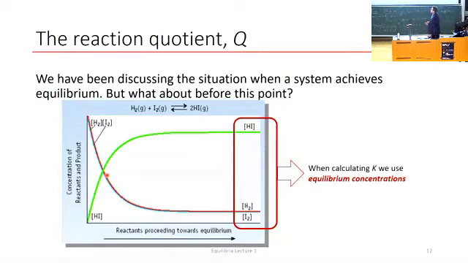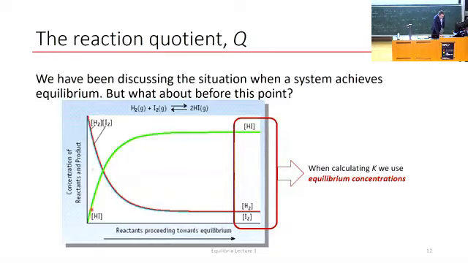More important for you guys is not when things level off, so not down here when we've achieved equilibrium, but what happens beforehand. Because in biological systems, it's all about what parameters have changed or what conditions are pushing towards a particular equilibrium. So very often we don't want to sample here, we want to sample much earlier.